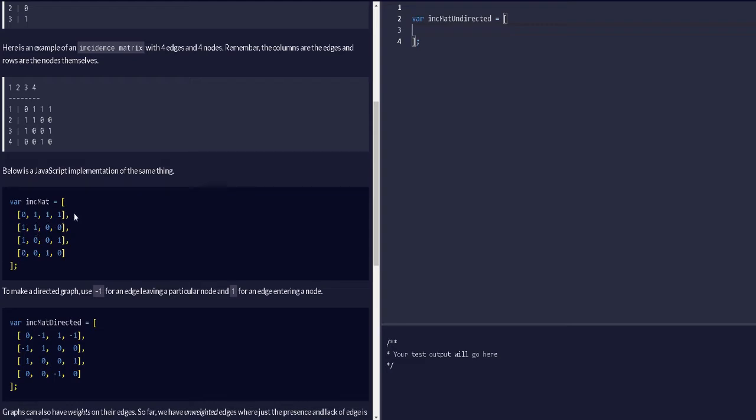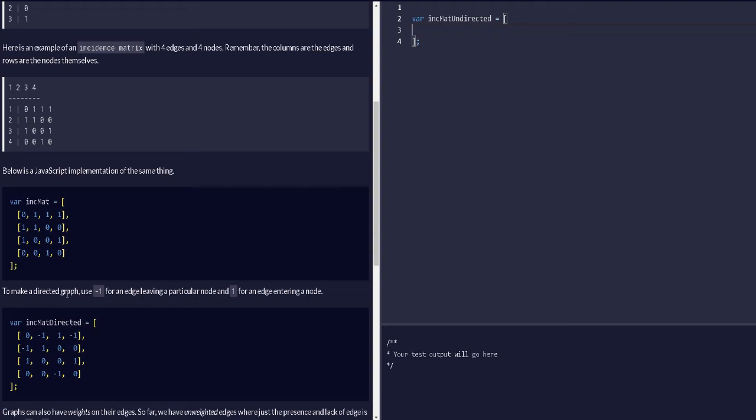So we can have a more flexible way of having fewer edges or more edges. It doesn't have to be balanced with the rows. So we can have like 4 rows and 5 edges, or 5 nodes and 4 edges. So it can be very flexible.